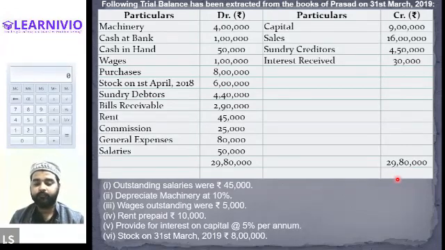And the last journal entry, for item 6, stock on 31st March 2019. That means the closing stock journal entry will be, tell me Alexander. Closing stock account debit, but sir, it's on two accounts, right? To trading account.